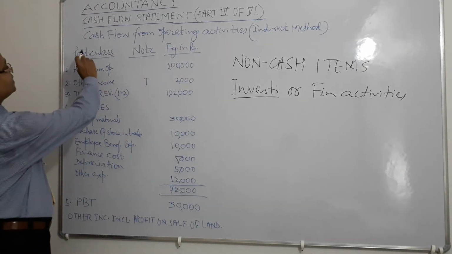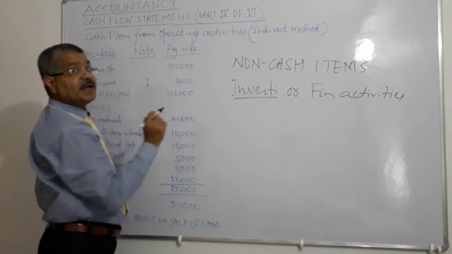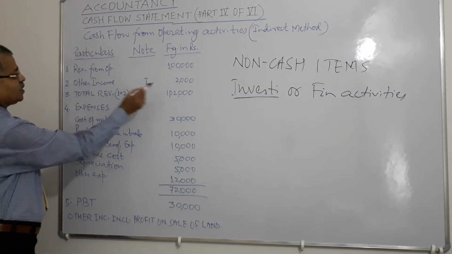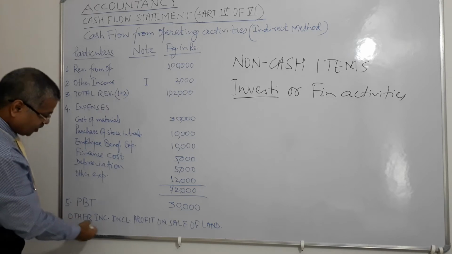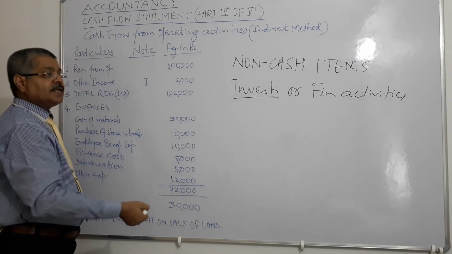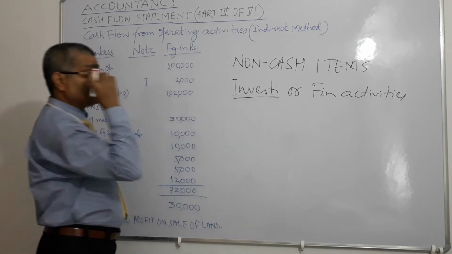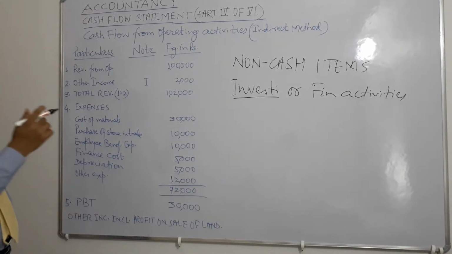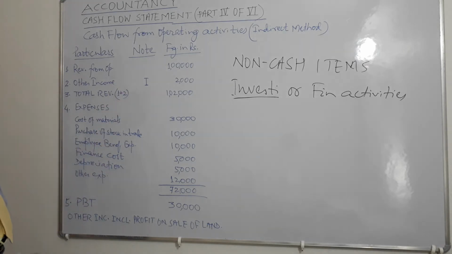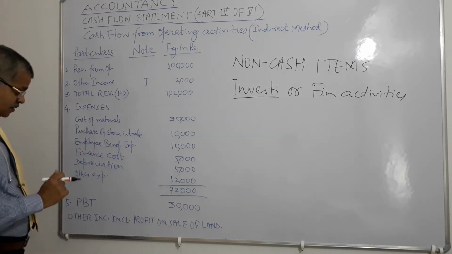But here we are concerned with cash flow from operating activity. So other income, which includes profit on sale of land and is attributable to investing activities, will not be considered as other income here, right?